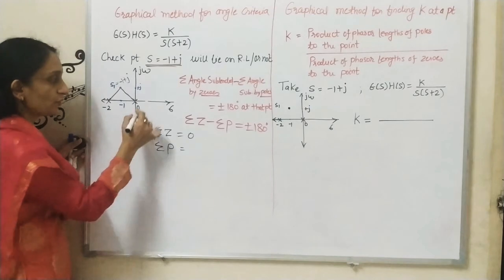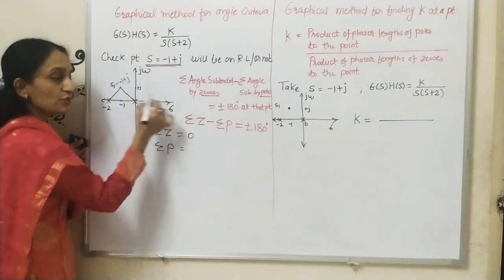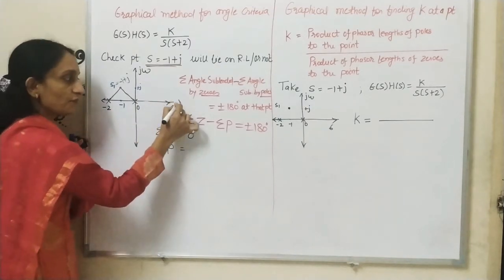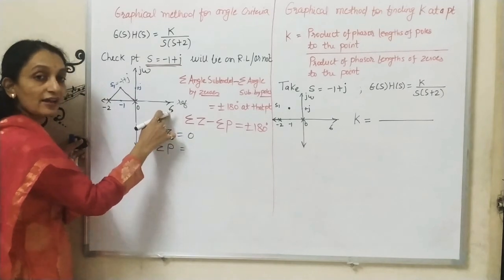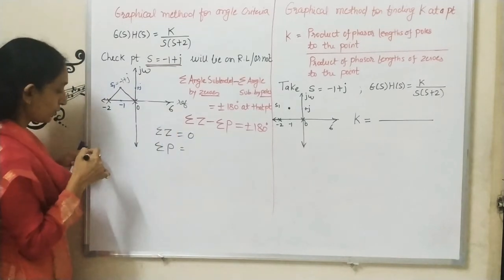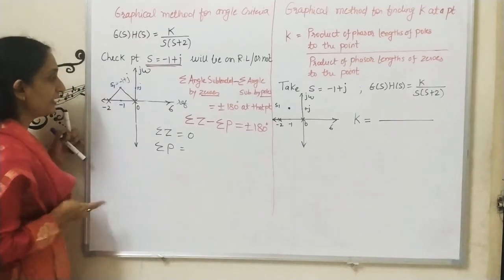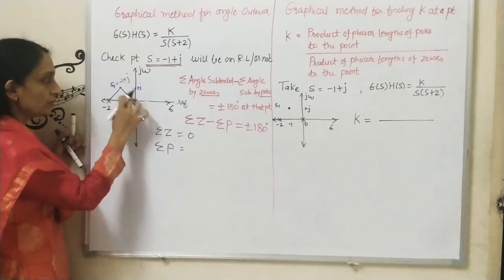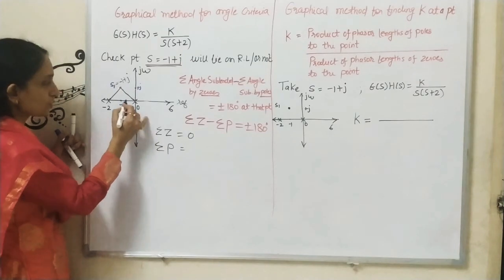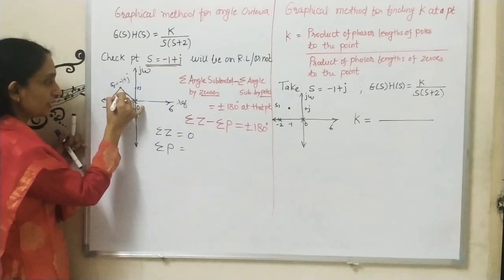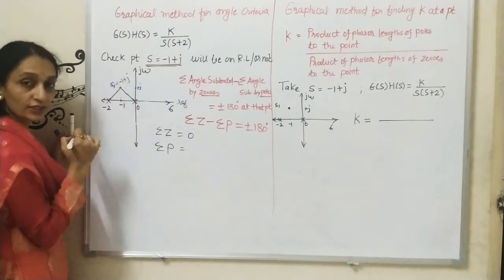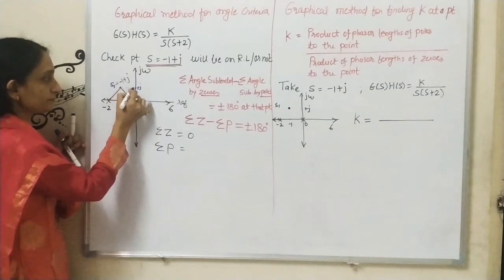For that I am considering the positive x-axis as my reference. Now I will calculate the angle subtended by this pole with the point. Look at this, when I join this with the dotted line, see here.